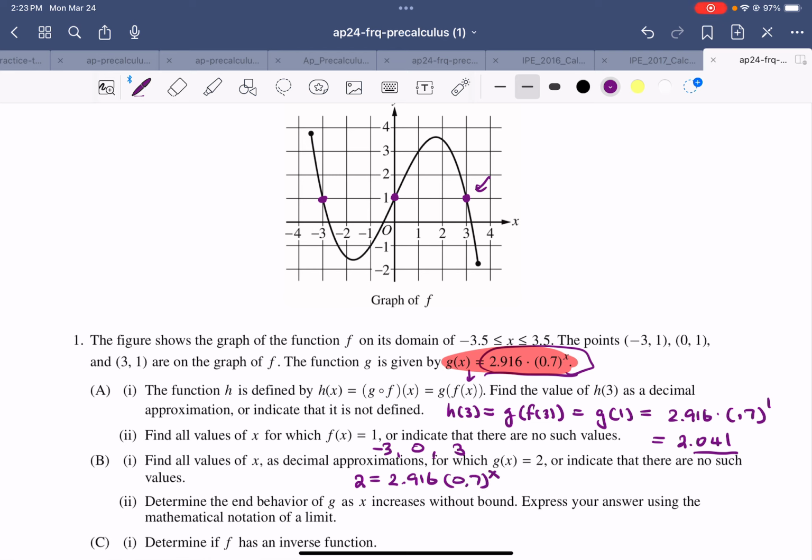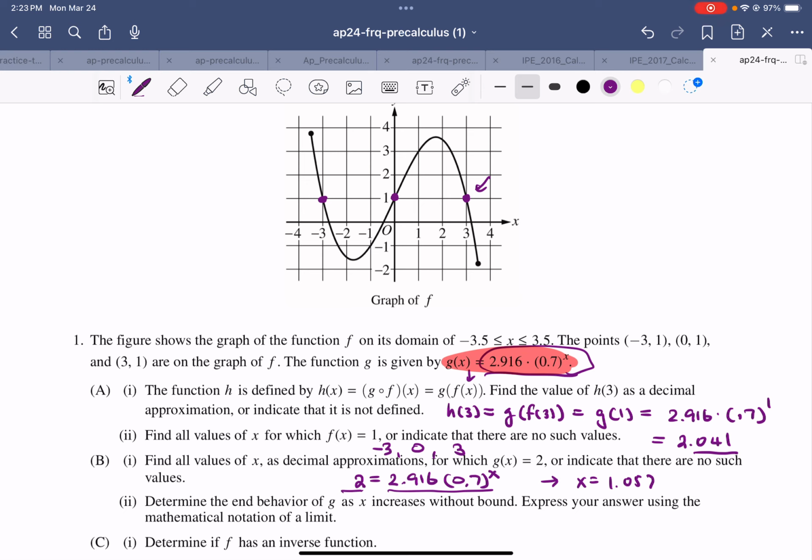Graphing calculator is required, so you can use the solve function if you have a TI-Nspire, or with another calculator you can graph 2 and this exponential graph and then find the intersection. If you do that, x is around 1.057. So just use a calculator for that.